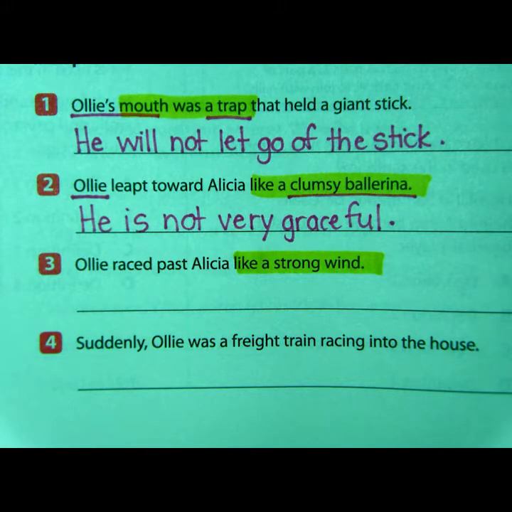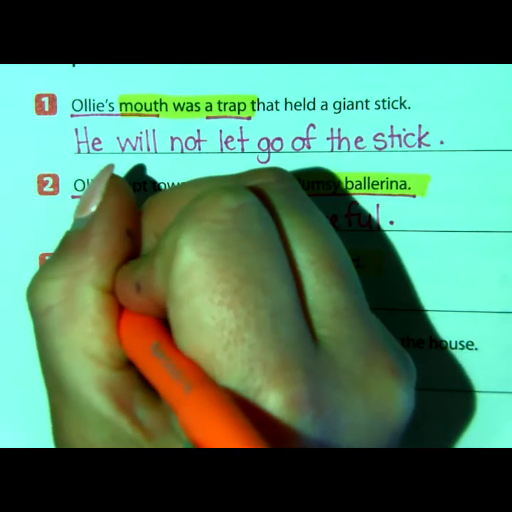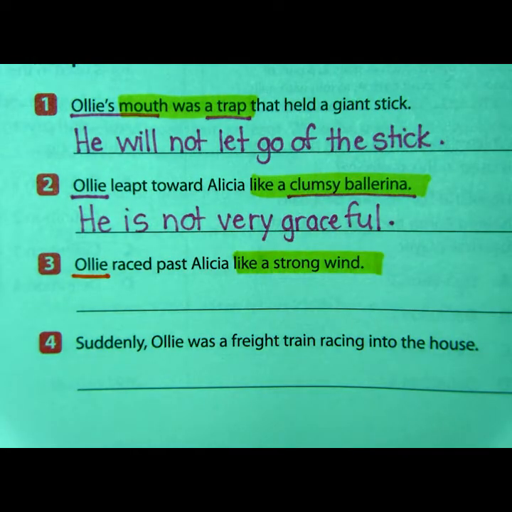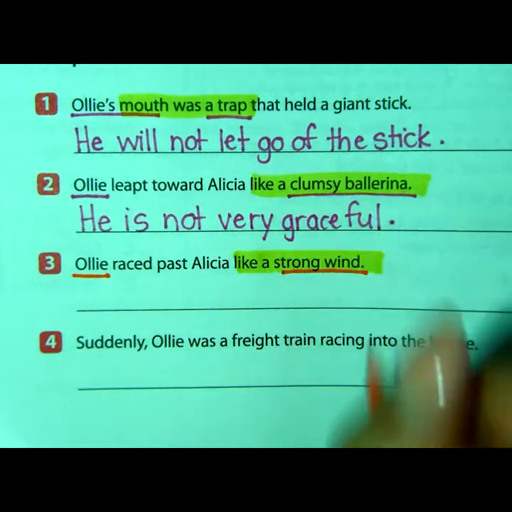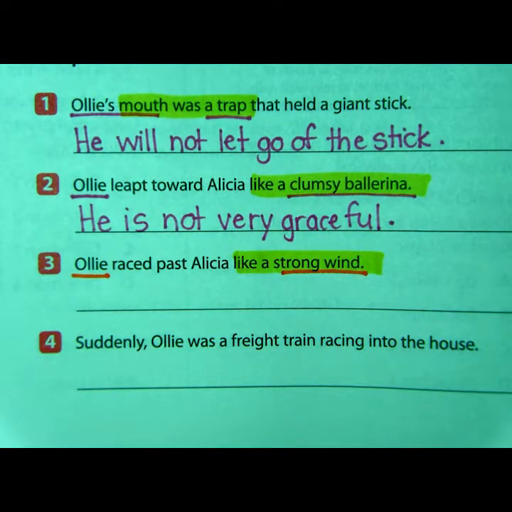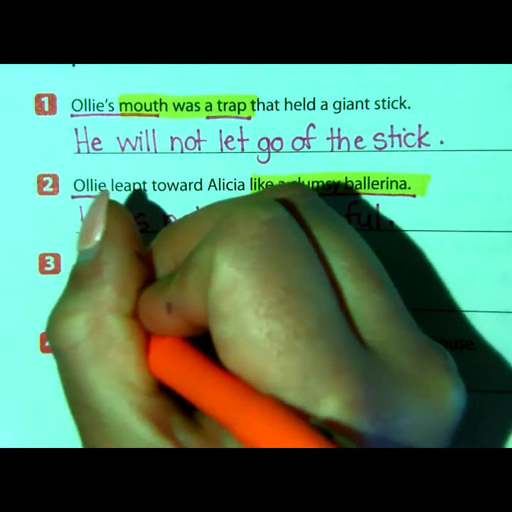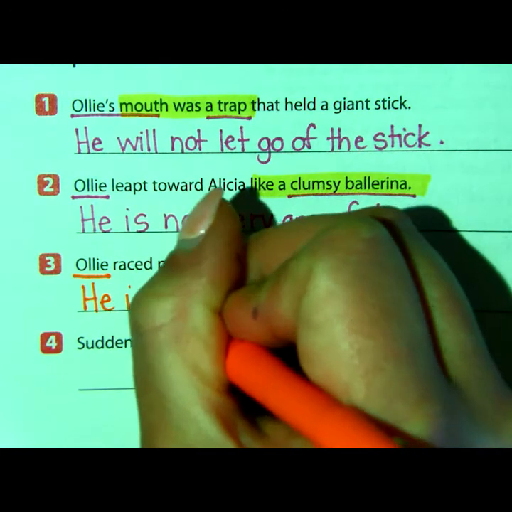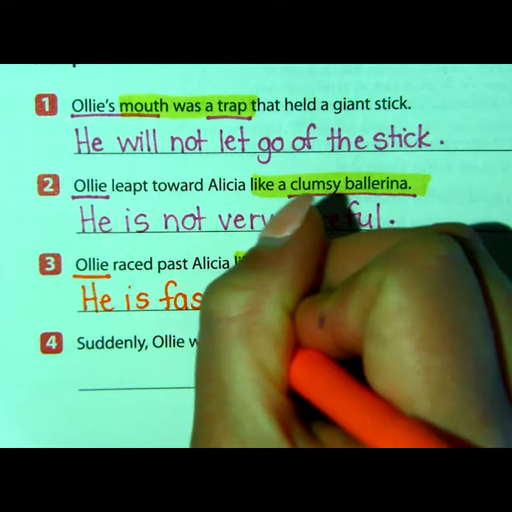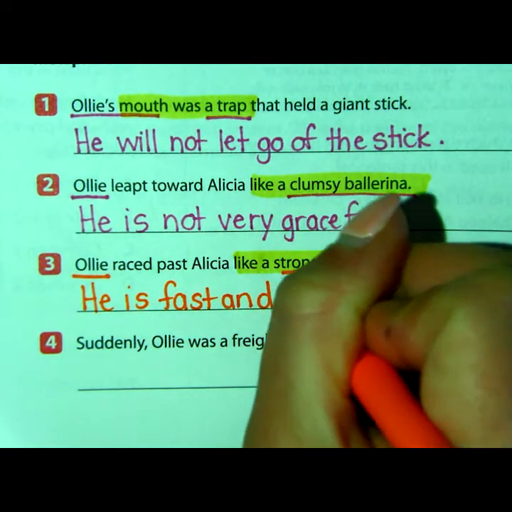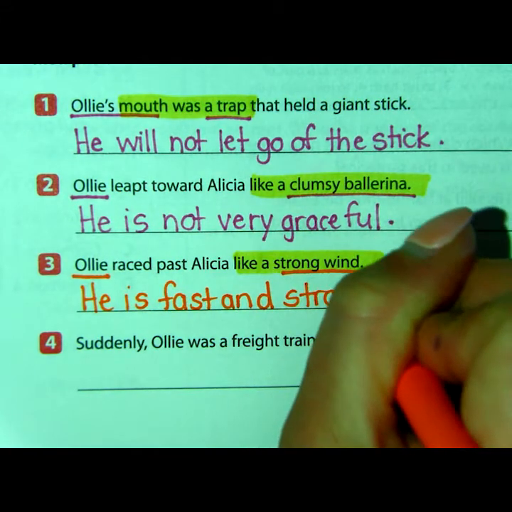Right, in this sentence we're comparing Ollie, still the dog, but what are we comparing him to? Right, a strong wind. So what does this mean about Ollie? What do we know about strong winds? They're very fast, that's right. So we know that he is fast and strong. I'm using the word strong since they called him a strong wind.